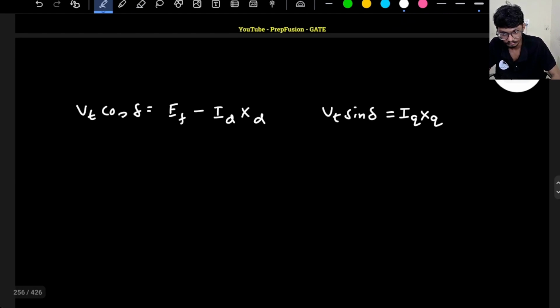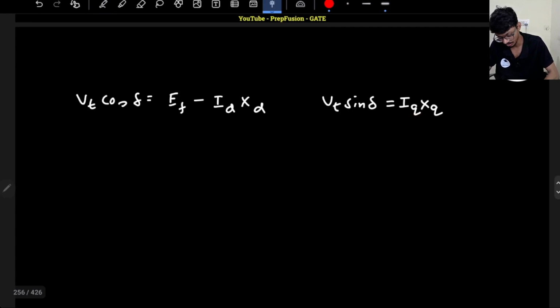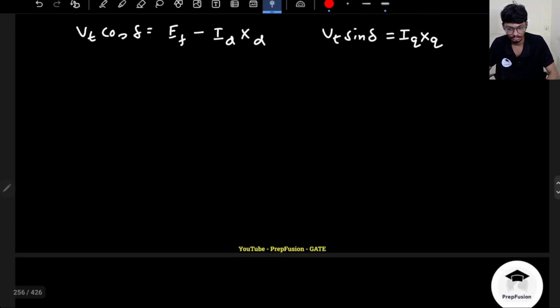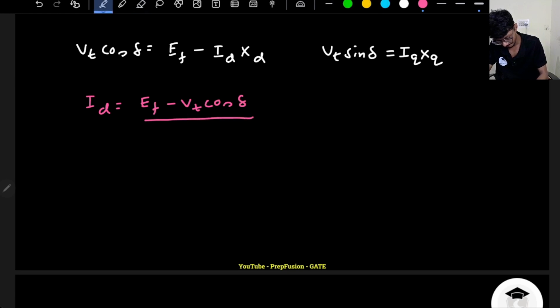This much is clear. Now I will just do one thing. I will just replace IQ and ID, because here only IQ and ID are unknowns. So what is my ID from this equation? ID from this equation will be equal to EF minus VT cos delta divided by XD.